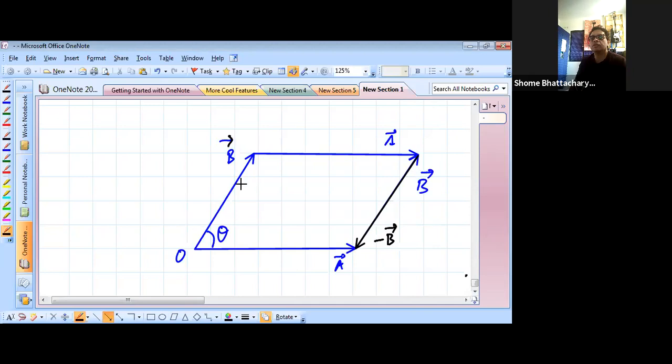Okay. So now concentrate on these two vectors. This one here is A. And this one here is minus B. Okay. So forget about this vector for the moment.